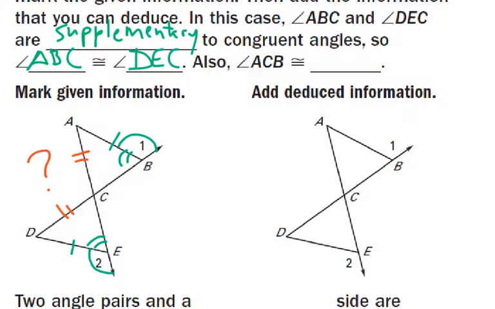Also, angle ACB, this one right here, is congruent to angle DCE. And the reason for that would be vertical angles are congruent.